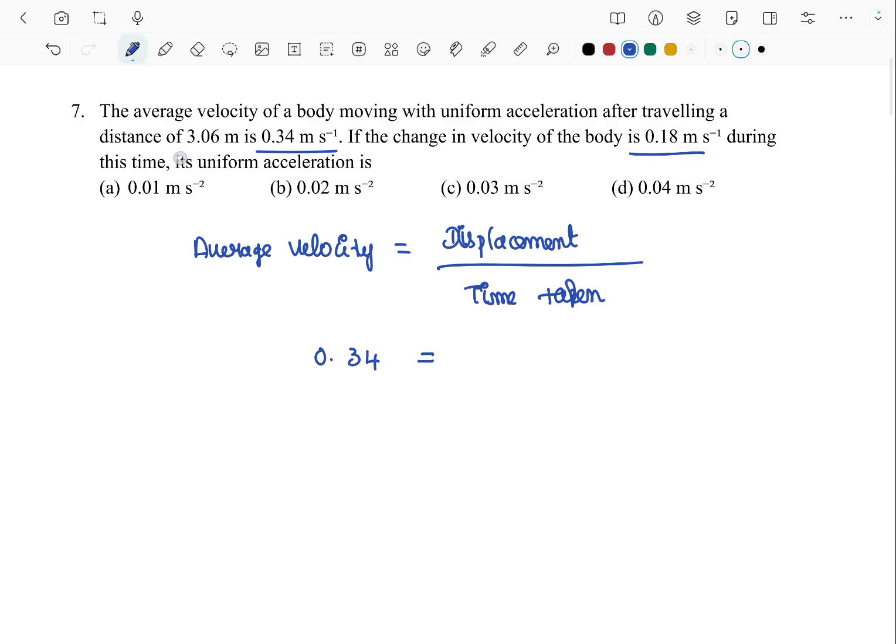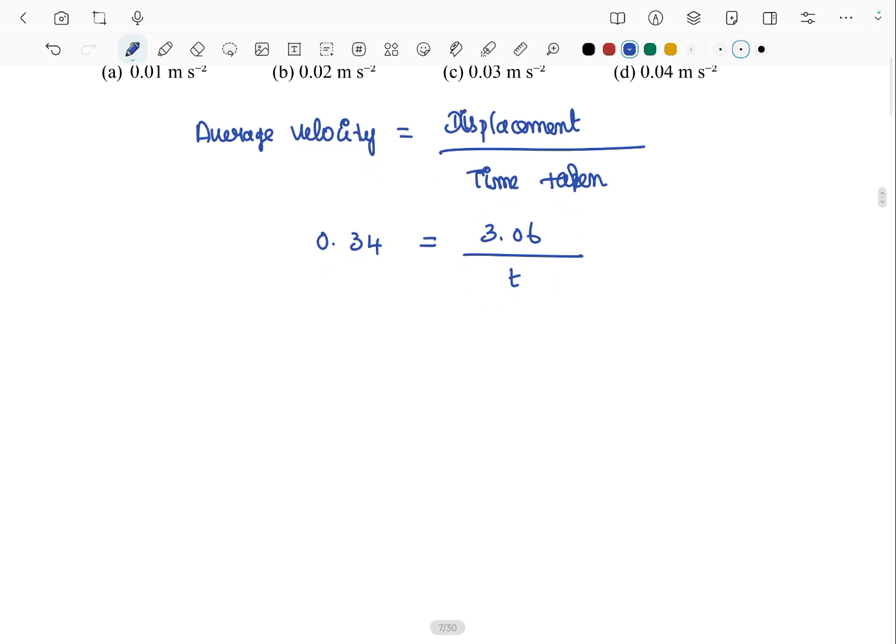The distance traveled is also given to you as 3.06, divided by time, let me take it as t. Let's calculate our time t first. So your time t will be equal to 3.06 divided by 0.34, which is equal to 9 seconds.